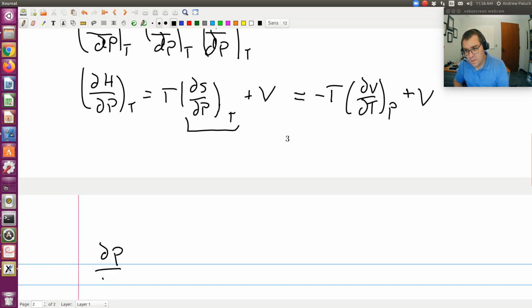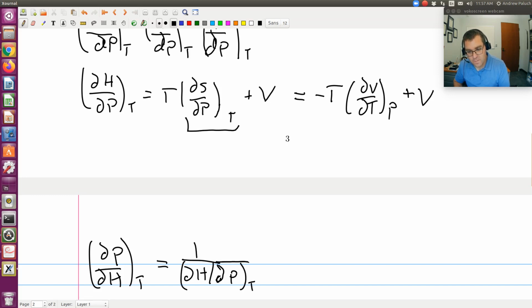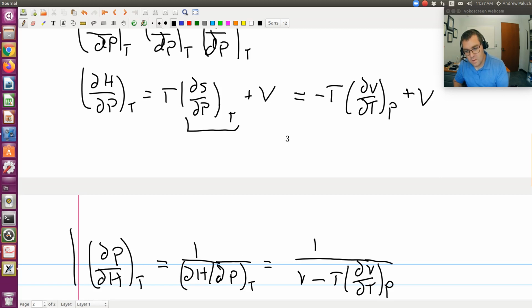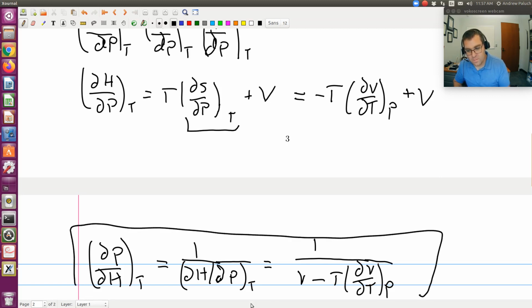Okay. Then finally, if I want dP/dH at constant T, that's the same as 1 over dH/dP at constant T, which will be equal to 1 over V minus T dV/dT at constant P. Cool.